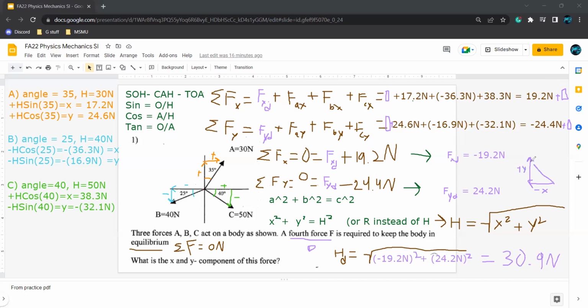And then that gives your resultant vector right here. And because this is the x, we're probably going to be doing it off of the x. So then your x is the adjacent, and then your y is your opposite.